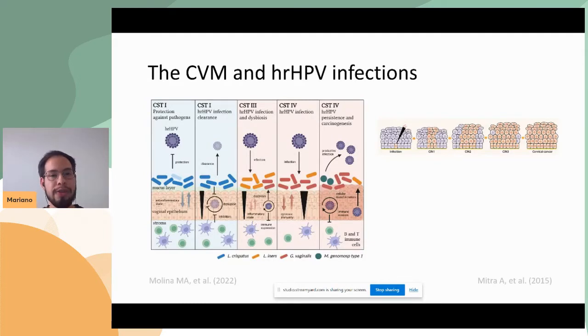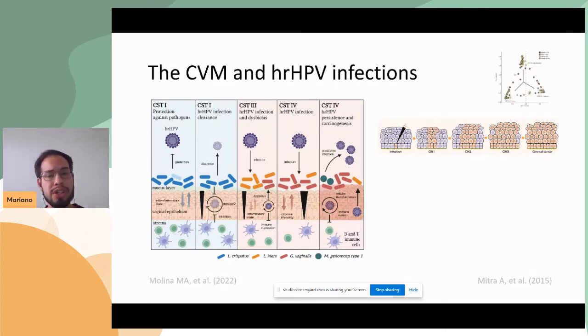In terms of the association of the microbiome and HPV, there have been studies describing that the CSTs associate with protection against pathogens and viral clearance, and also with HPV infection and persistence. Even the virus infection causes dysbiosis and promotes CST IV during disease.